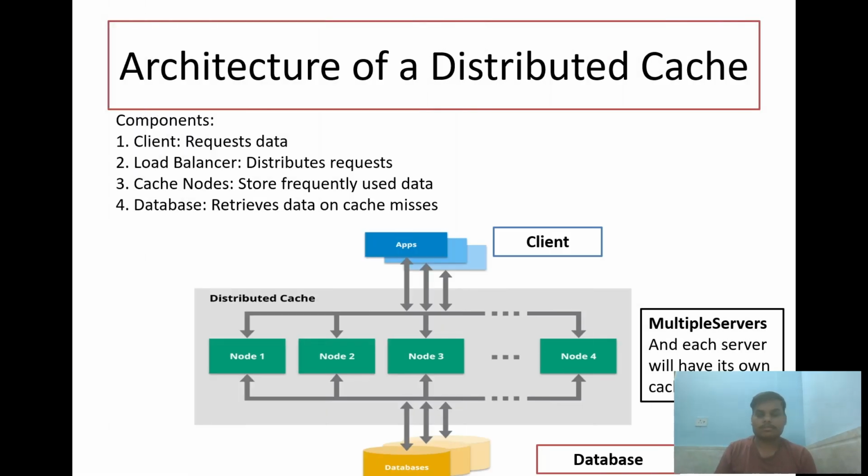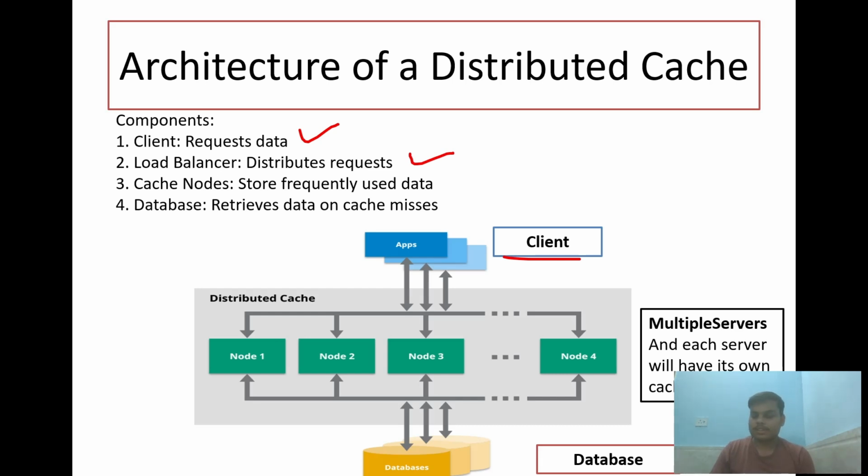So let's move ahead. Now we will understand the architecture of distributed caching. So what is distributed cache architecture? It consists of a client which requests the data. It consists of a load balancer which distributes the requests to the servers.